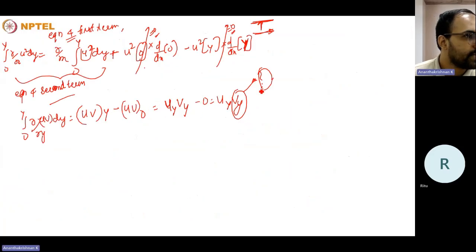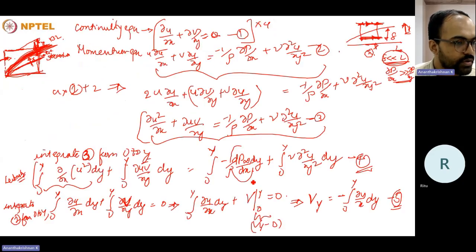And on the right hand side of the equation 4, we have to integrate minus of 1 by rho dou p infinity by dou x into dy. Here dp infinity by dx is independent of y. So at this particular point, as we have seen, inside the boundary layer and outside the boundary layer, the pressure will not vary along the y direction.